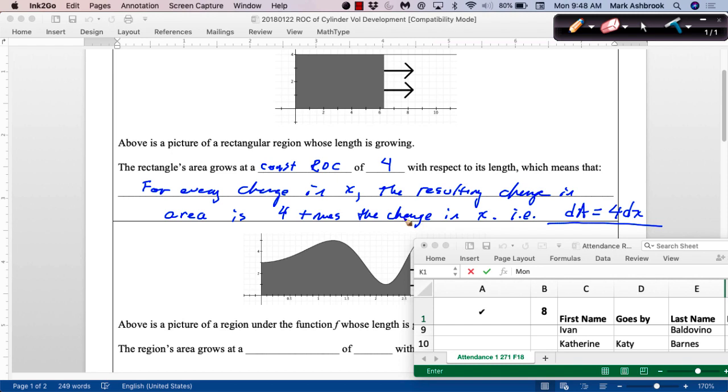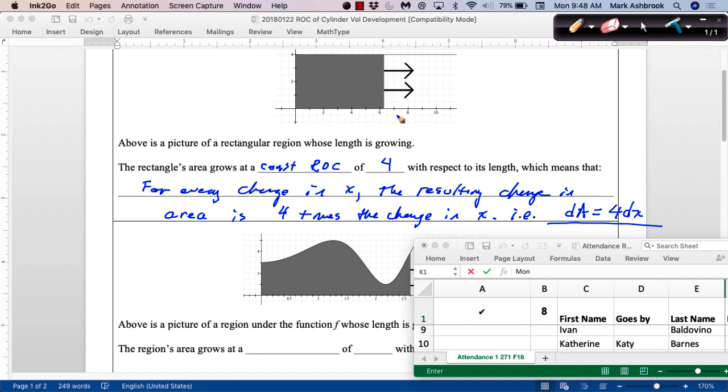Because let's say the change in x goes backwards, the change would still be by 4, but it doesn't mean it's always going to be increasing. Yeah, but if your change in x was like from 8 to 7 or 8 to 7.5, then that dx would be negative. And when you multiply 4 by that change in x, you get a negative dA, which is a reduction in area. So it still works. Yeah, okay, good question. Other questions?